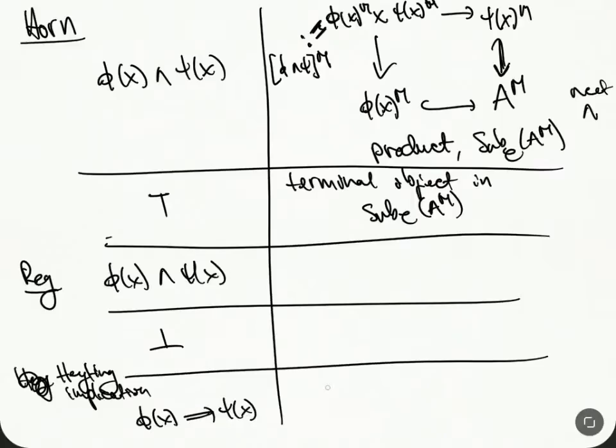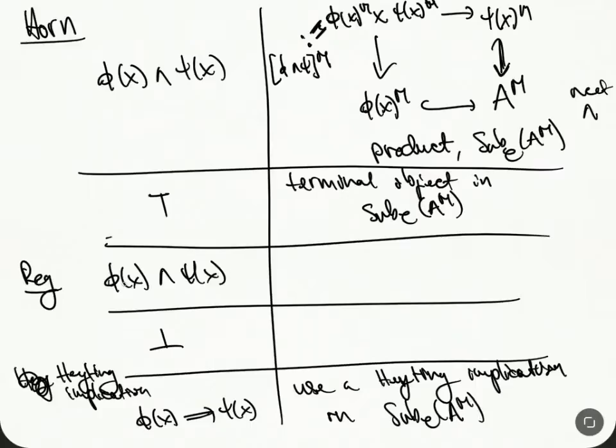So this uses a Heyting implication on this guy, sub C of A^M. Okay, here, this uses coproducts.